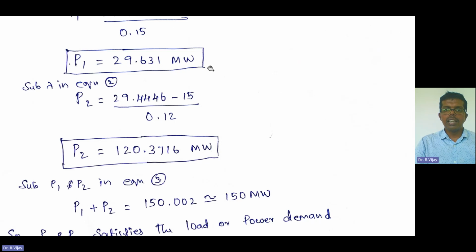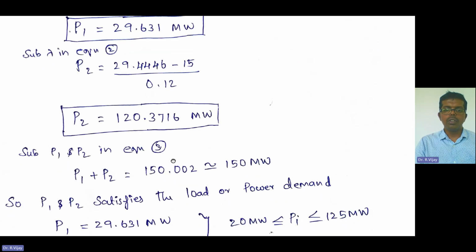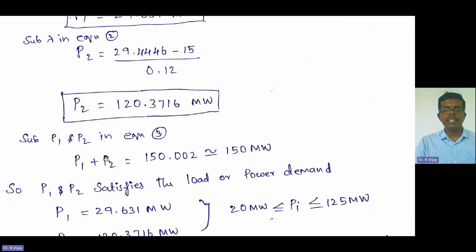Tell me in the comments whether you got the same values of lambda, P1 and P2. Now substitute P1 and P2 in equation number 3 to check whether it satisfies the demand. Yes, it is satisfying the demand. We get approximately 150 megawatt, that is 150.002, approximately equal to 150 megawatt.